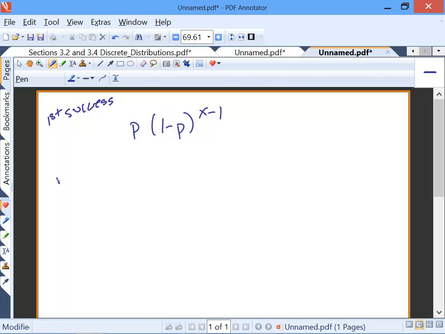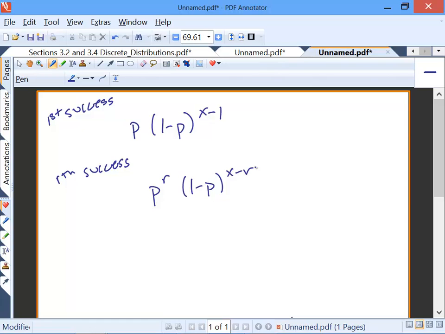But if you want your rth success, then you use the negative binomial. And again, I don't know why it's named that and not something like geometric extended. But you say, okay, I need to have r successes and x minus r failures. When you think about it, there are a lot of ways that I could get my r successes. If I want 3 successes, I could have the first one be good, the next 2 bad, the next one good, the next 2 bad.